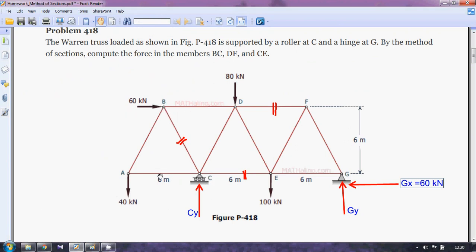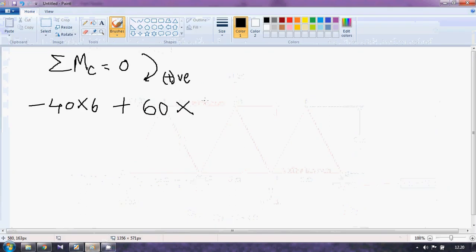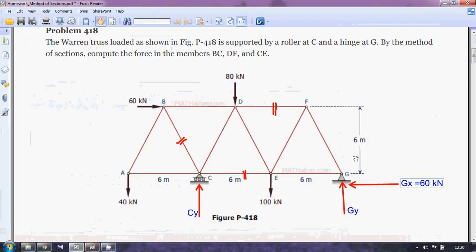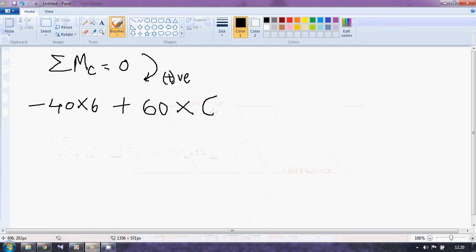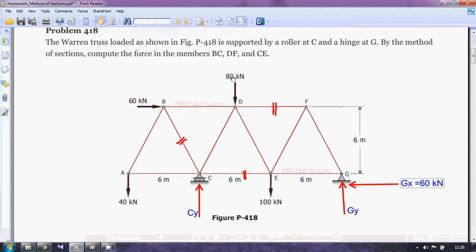I will take a line parallel to this force. So the distance must be the distance between these two lines. So it is 6 meter, right? Yeah, 6 meter. So it is 6.